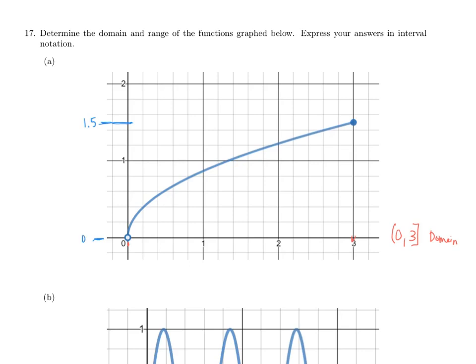And so the bottom is 0. So your range is 0 to 1.5. The 0, again, is an open circle. The 1.5 is a closed circle. So parentheses on the 0 and a bracket on the 1.5.